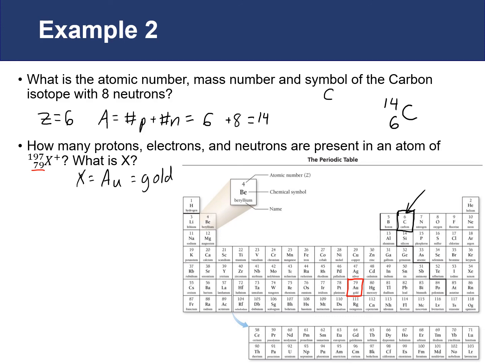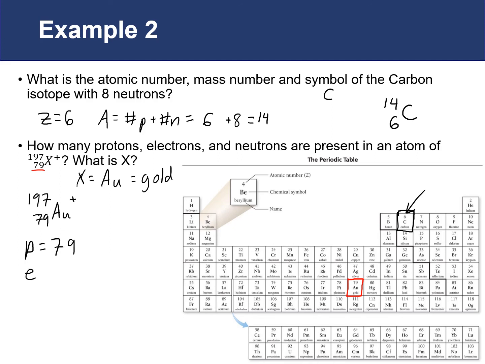Okay, so what we would have in terms of writing this out would be 197, 79, Au plus. That would be how we would write it out. Okay, going back to the first part of the question, how many protons, electrons, and neutrons? Well, our number of protons is equal to our atomic number, so that would be 79.